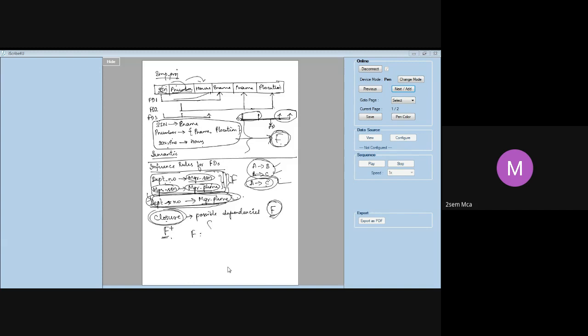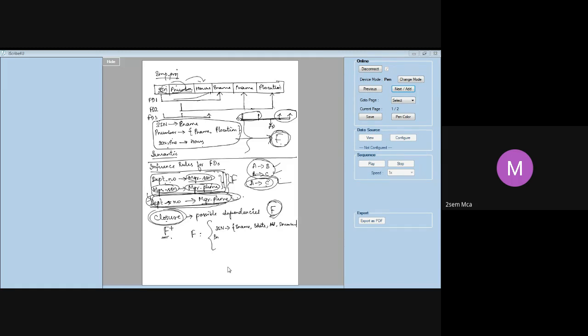Let us say my F is all this. Like for example, if I give SSN, I can determine the E name, birth date, address and D number. This much I can determine if I know the SSN.